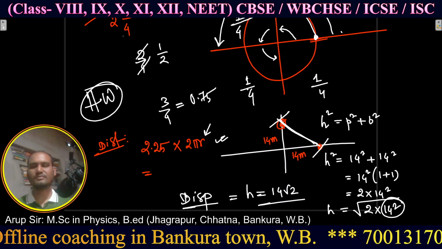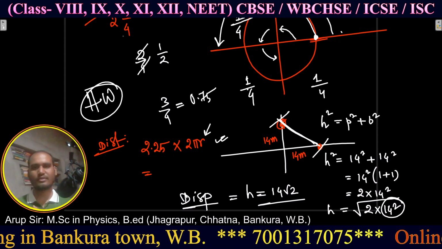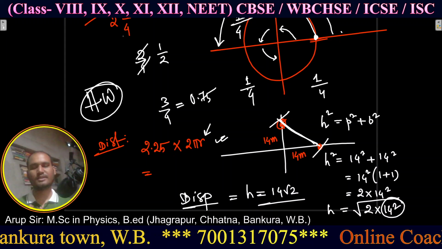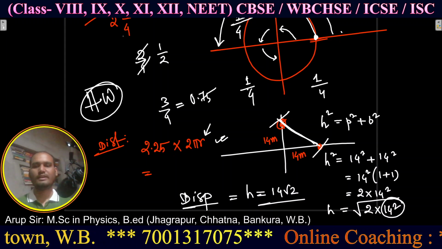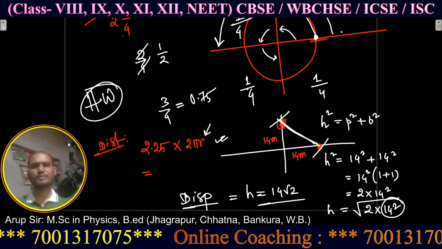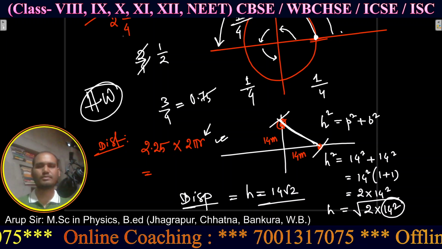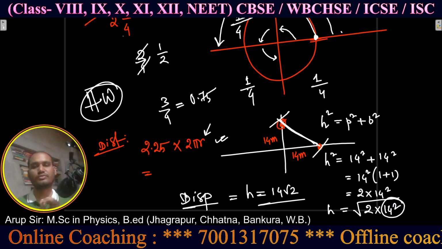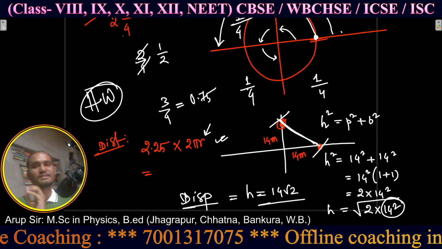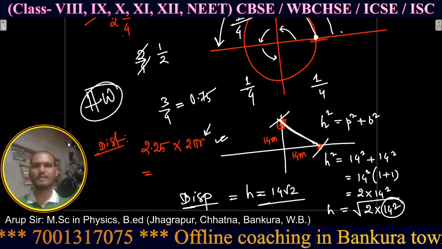Okay. So if distance and displacement are known, now you can easily find out the speed and velocity, because you just need to divide the distance and displacement by time. First you need to see how much time it is taking to complete 2.25 rotations.